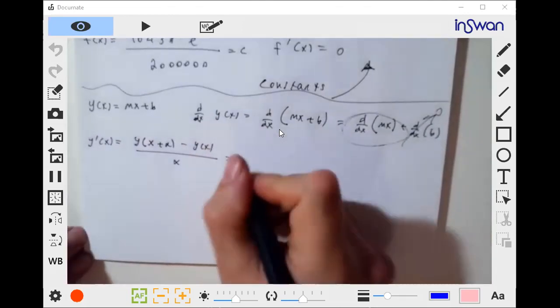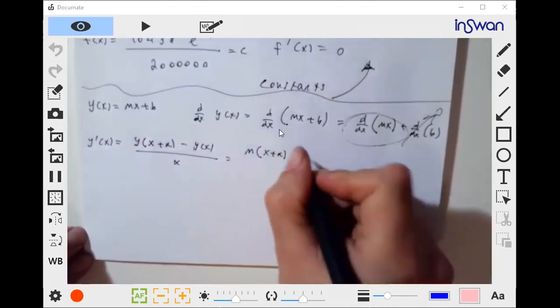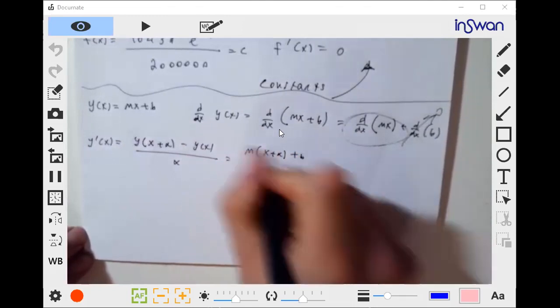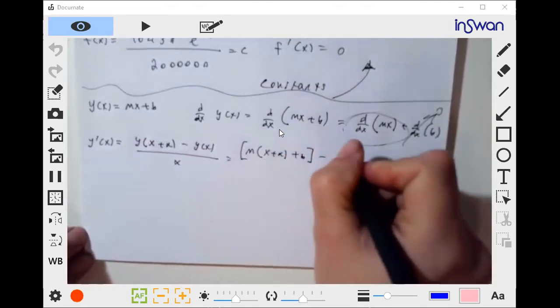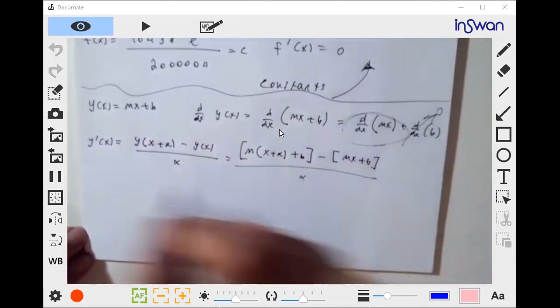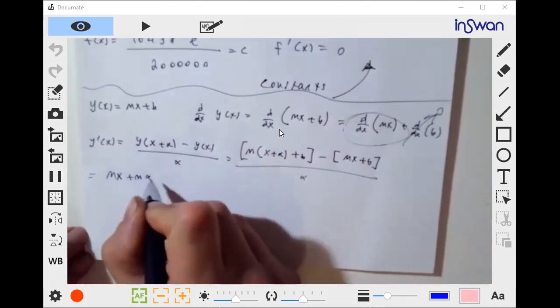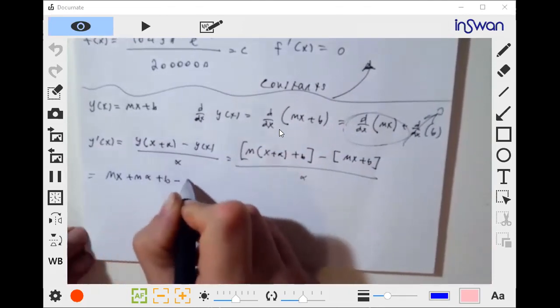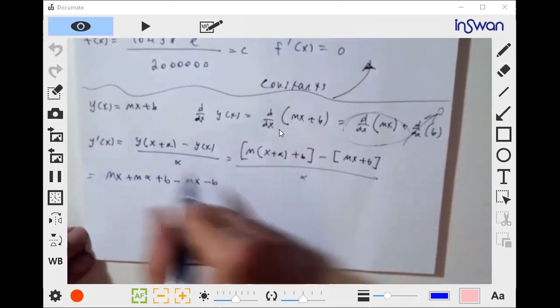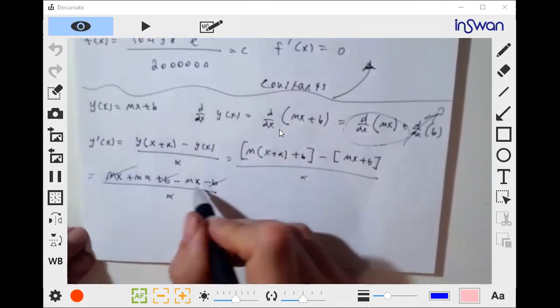Okay. Notice that this becomes m times x plus alpha plus b minus mx plus b all over alpha. This equals mx plus m alpha plus b minus mx minus b all over alpha. Cancel, cancel, cancel, cancel.